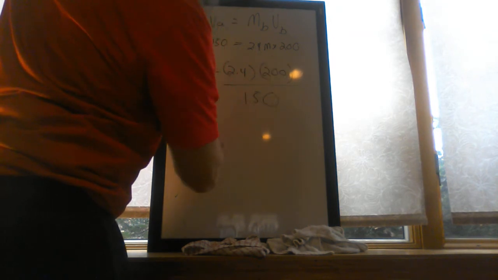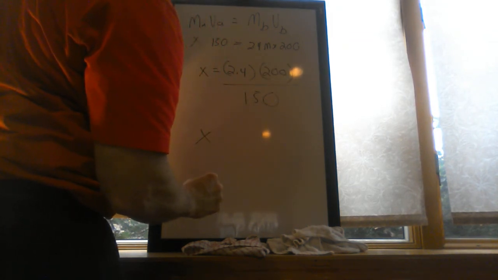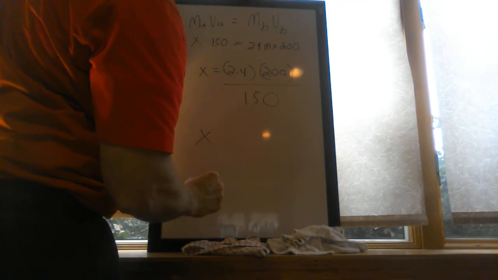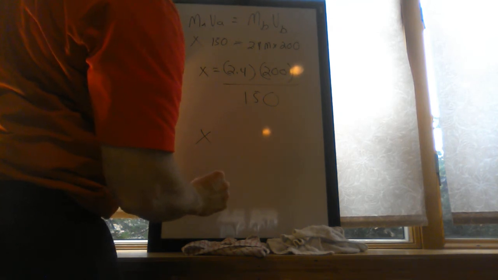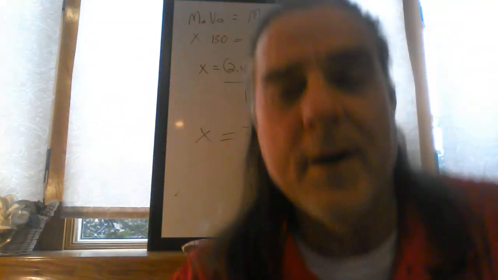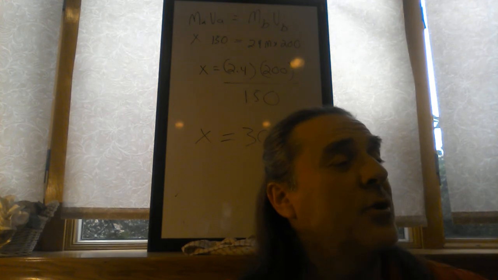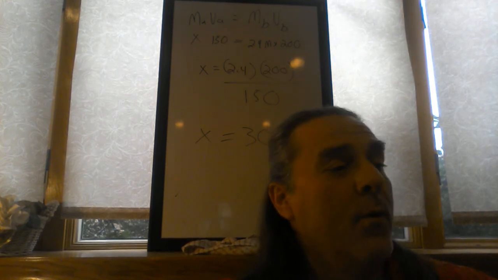That's 4/3. So 24 divided by 3. It's 8. X equals, I'm thinking it's about 30. I'll have to work it out with a calculator.